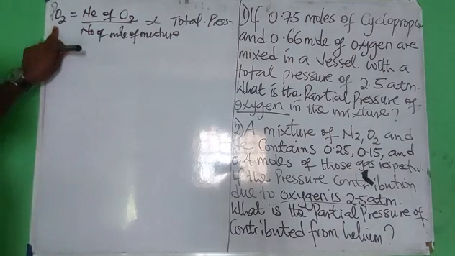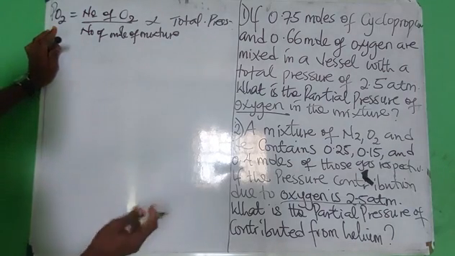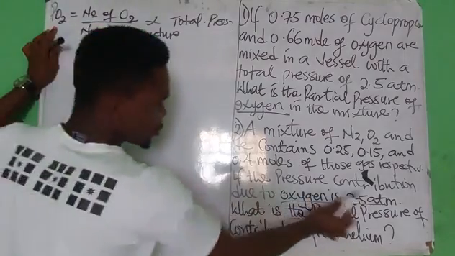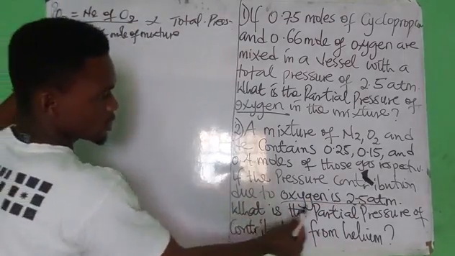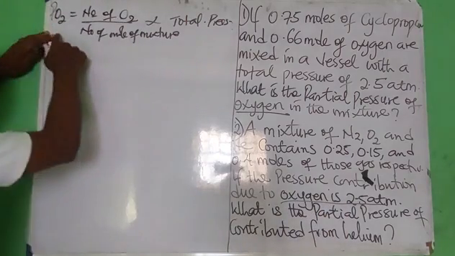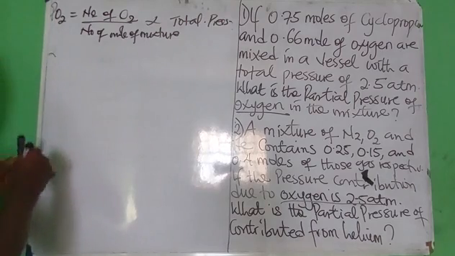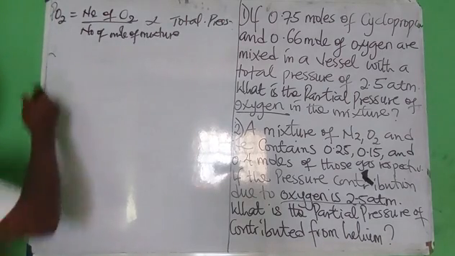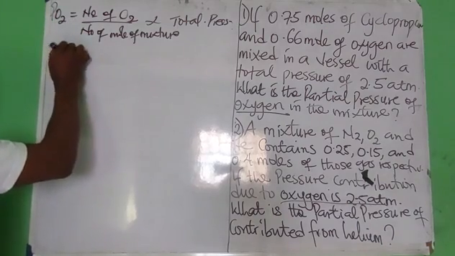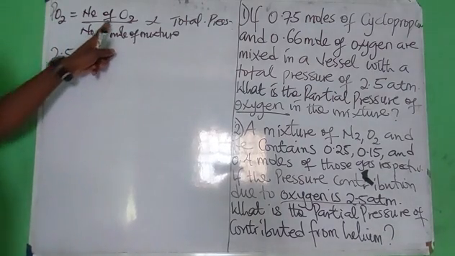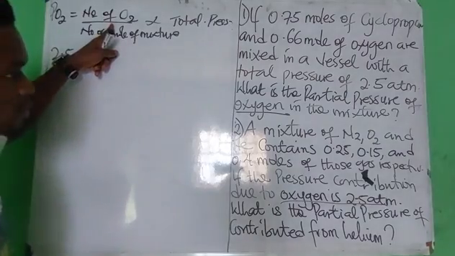The pressure of oxygen here is 2.5, so 2.5 equals the number of moles of oxygen given in the question.